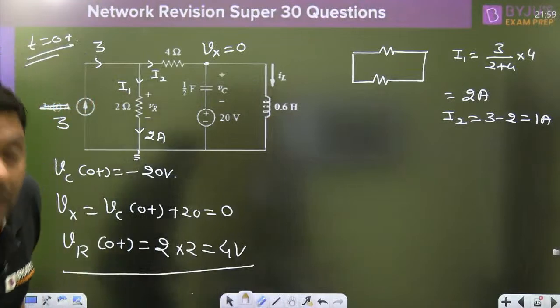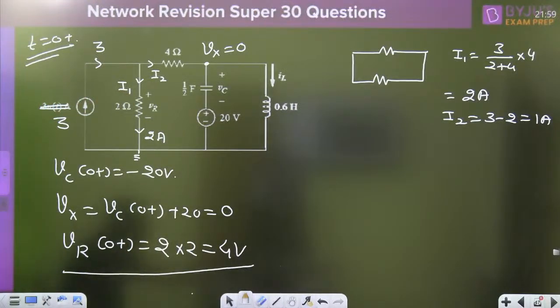Audible now? Yes. Look, here if we want to divide the current, always remember, resistors should be in parallel. And when two resistors are in parallel and the voltage across those resistors is equal, then we can apply the current division rule.